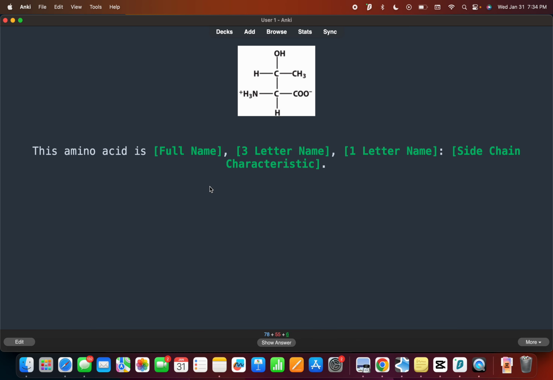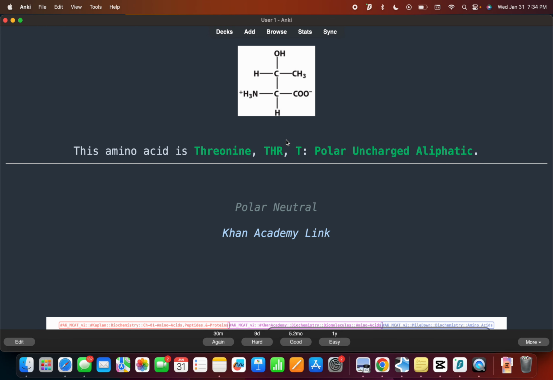The amino acid is, this should be threonine actually, THR, T, non-polar aliphatic. Nice.